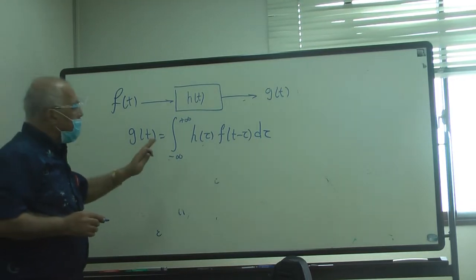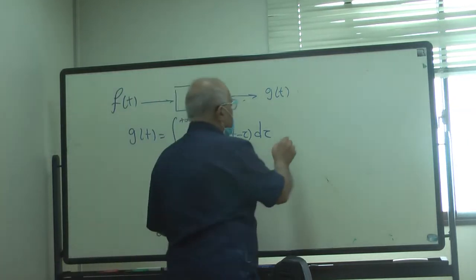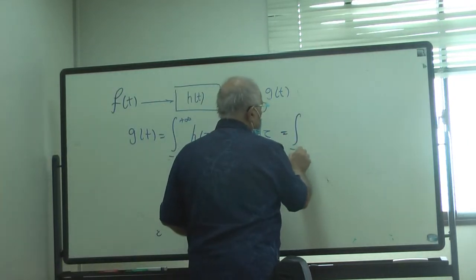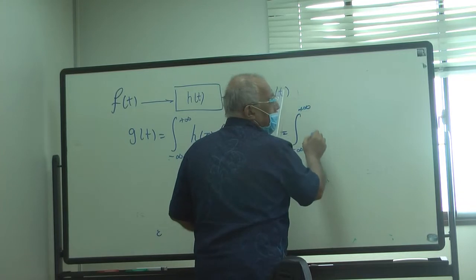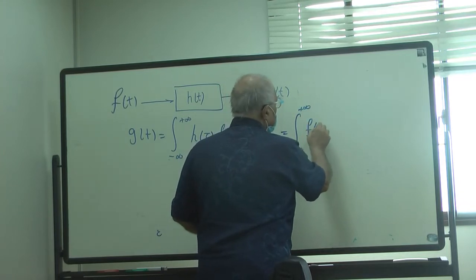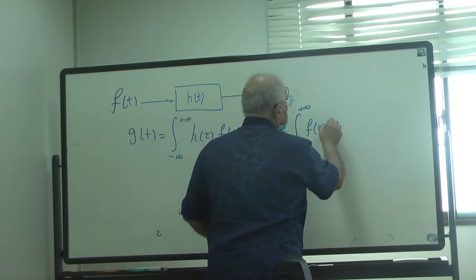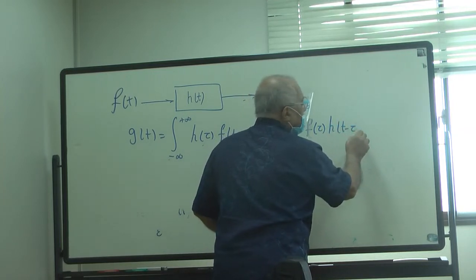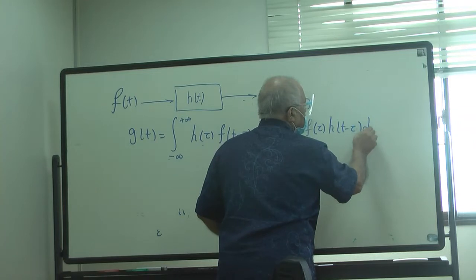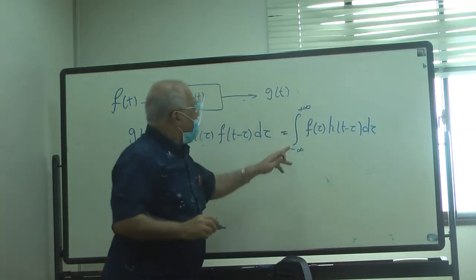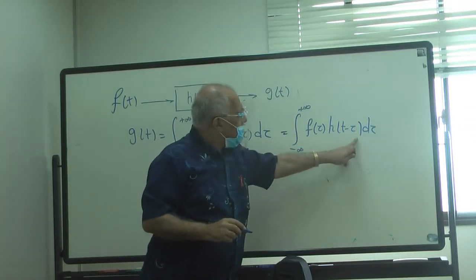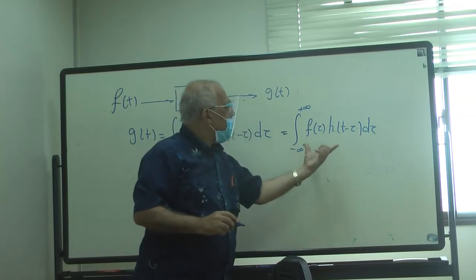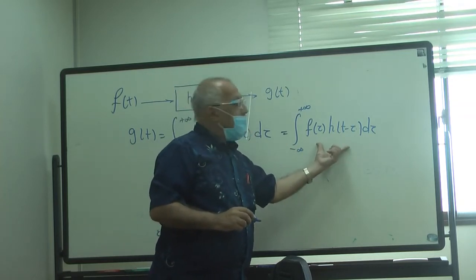You can also say it in another form. Especially in digital signal processing, this form is much more convenient. This is the same: f(tau) h(t minus tau). But this is an integral over tau.